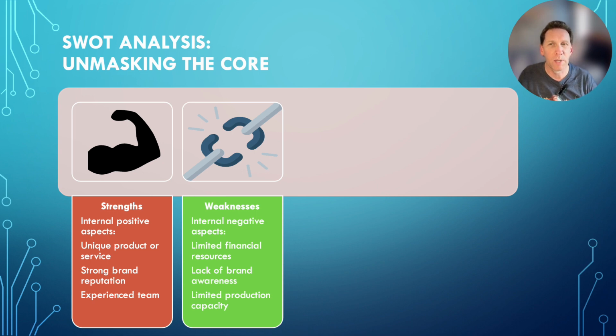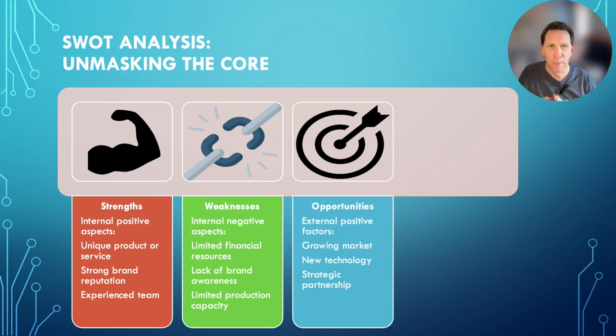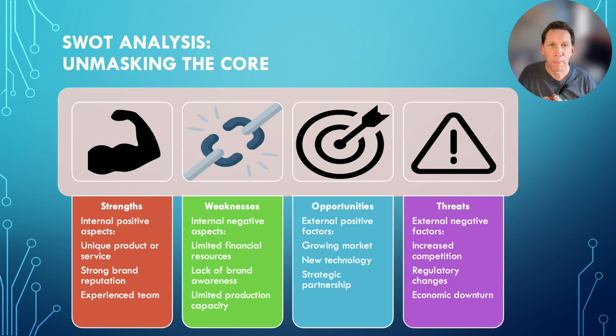They could be limited financial resources, a lack of brand awareness, limited production capacity. Next is opportunities. These are external positive factors. It could be your growing market, new technology, or a strategic partnership. And finally, threats. These are external negative factors, such as increased competition, regulatory changes, or an economic downturn.